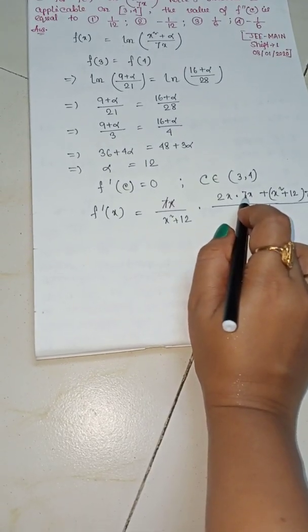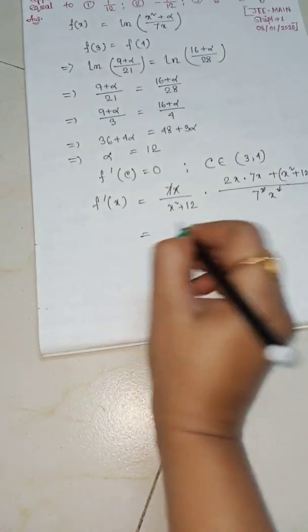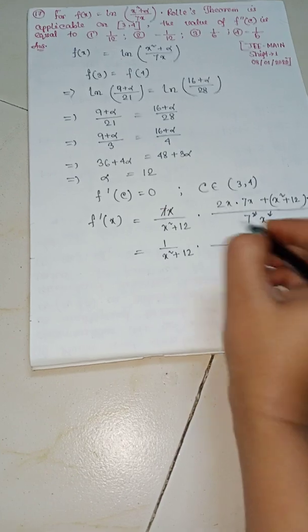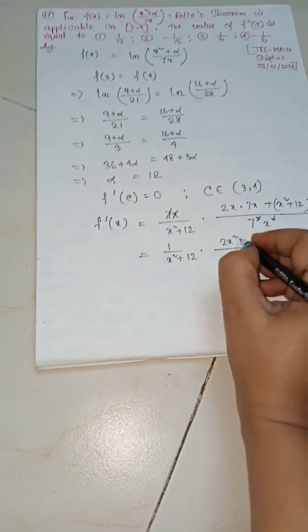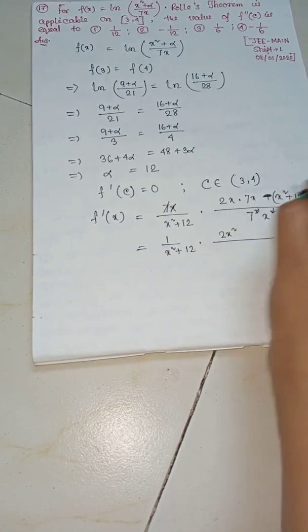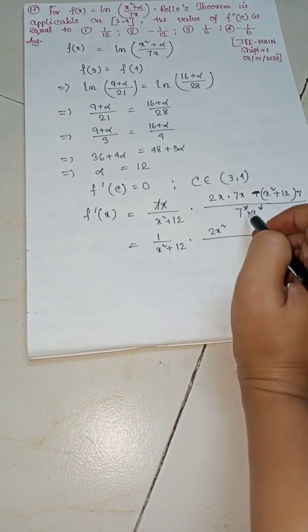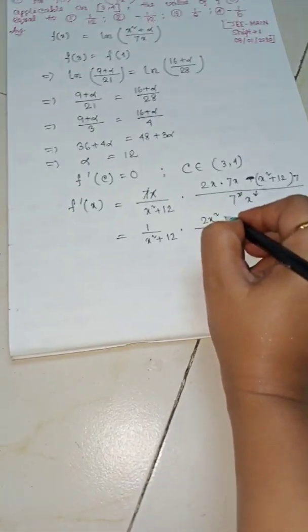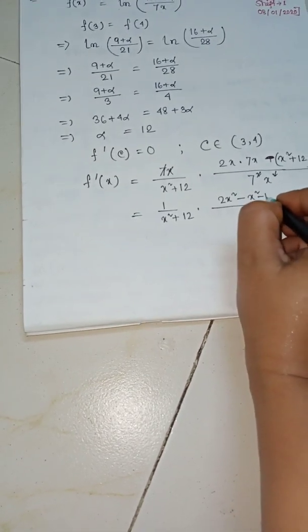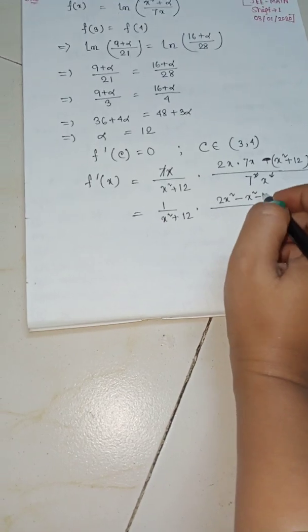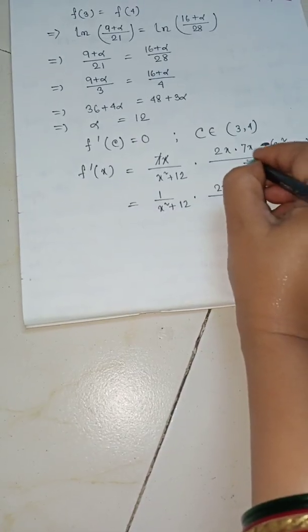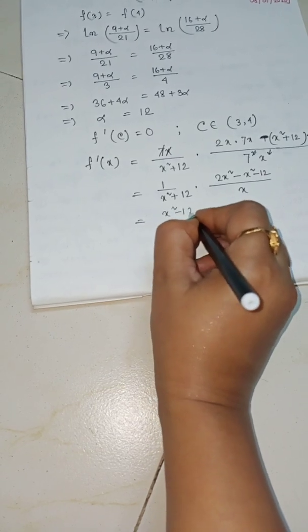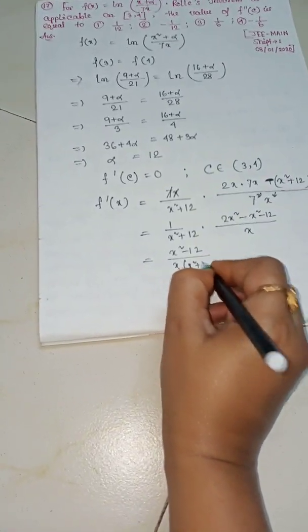So it becomes 1/(x² + 12) into (2x² minus x² minus 12)/x, as 7 is cancelled off. So this becomes (x² − 12)/(x(x² + 12)).